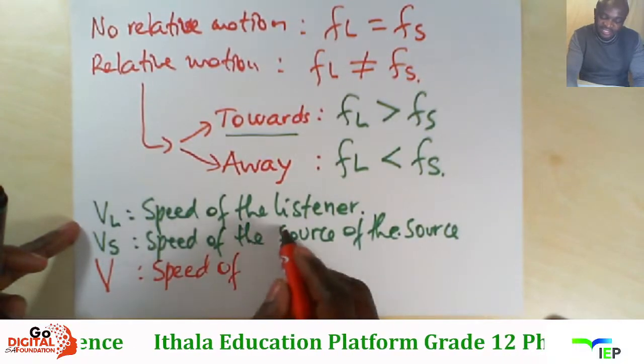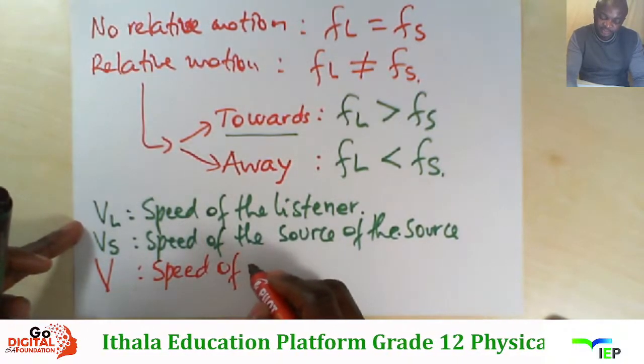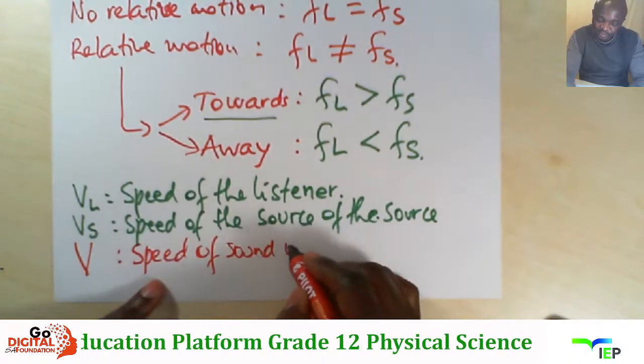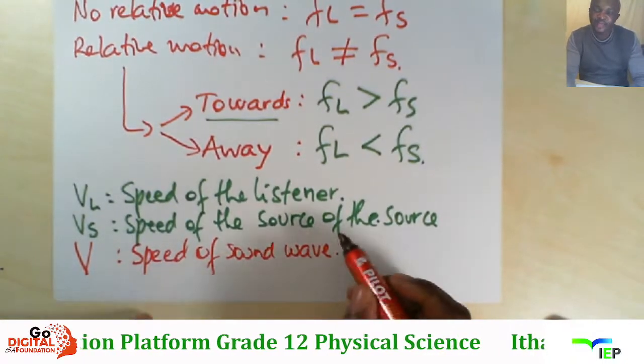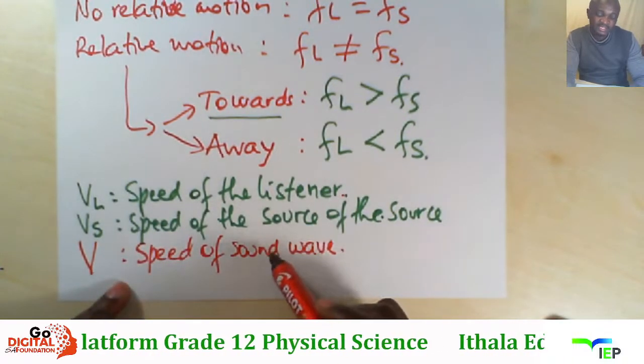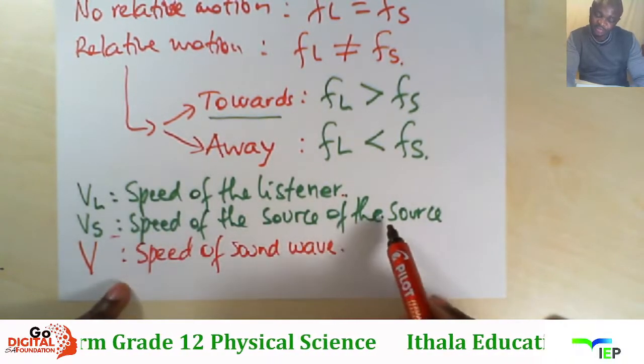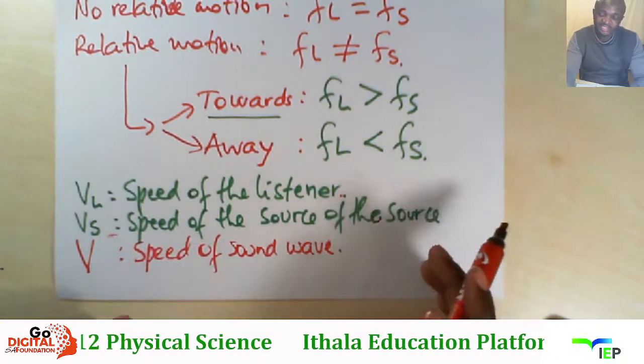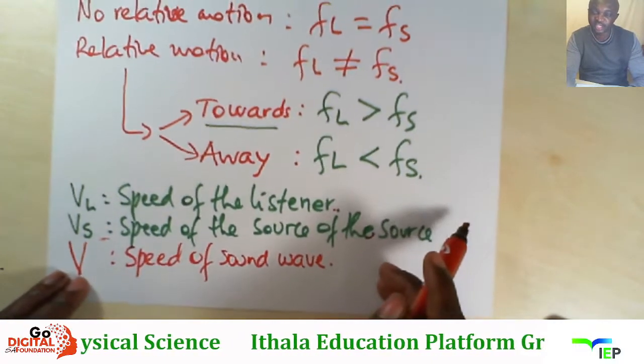Speed of sound, don't confuse them. Right, speed of sound wave. Now we are talking about waves, the speed of the sound wave. But this was just the speed of a person, of a listener. This was the speed of the source of the sound. That can be a car, can be anything that produces a sound and can move.